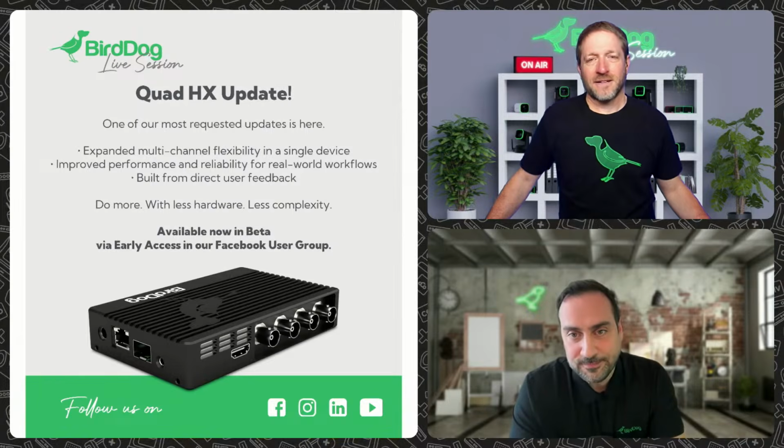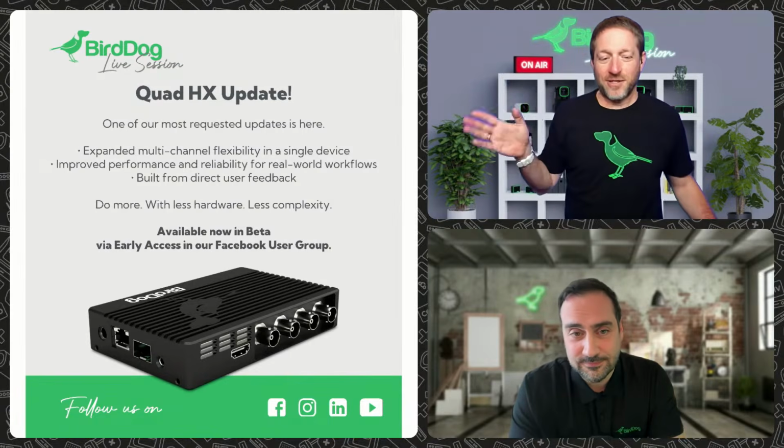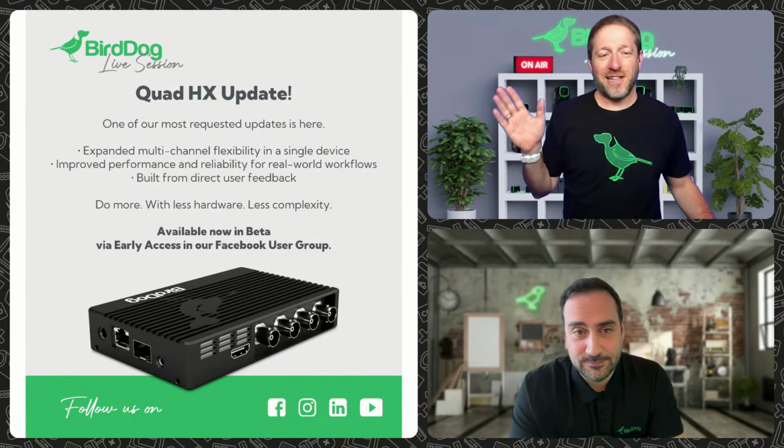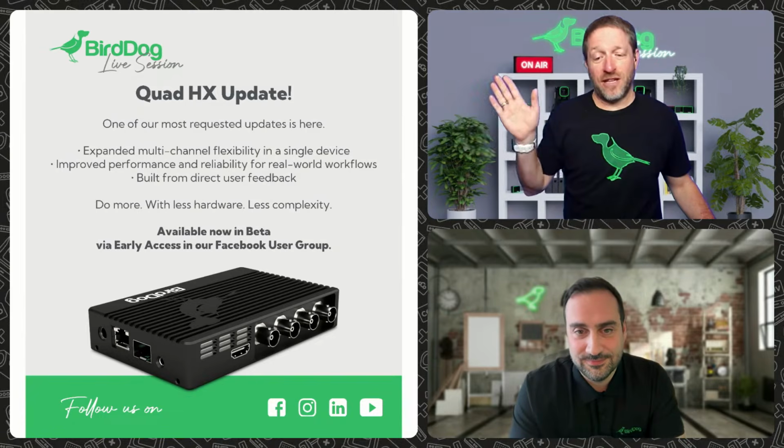Yeah. And talking about adding HX, this is something that has been asked for in every single show I've done for the past year: can we get HX in the quad? Now it's available as a beta in the Facebook user group.